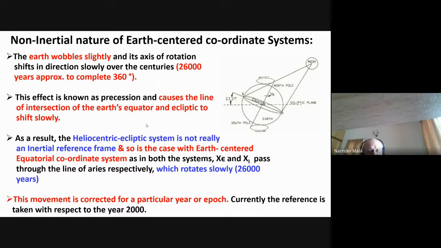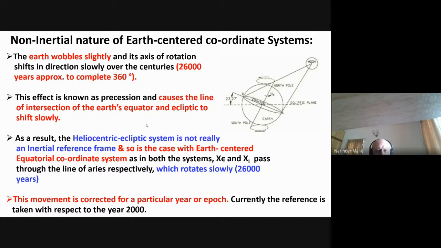Since they rotate at very slow speed, we refer all the motions to Julian year 2000. That means the position of that crossing at midnight in the year 2000 is taken as a reference, and everything is computed with respect to that particular point of time.